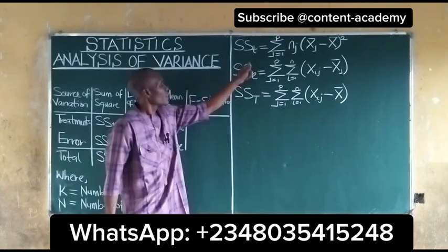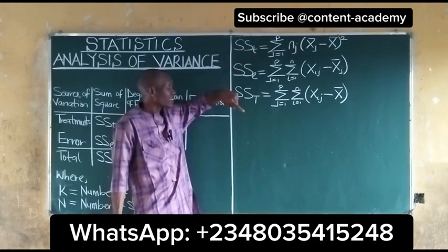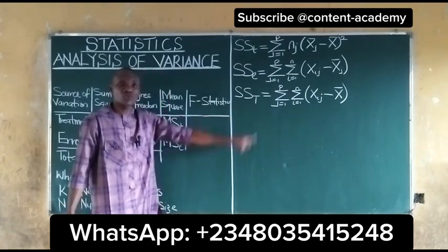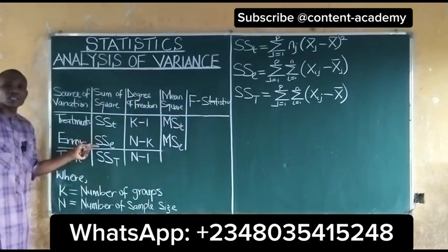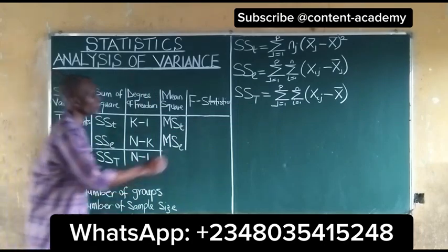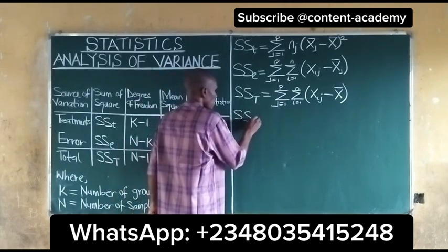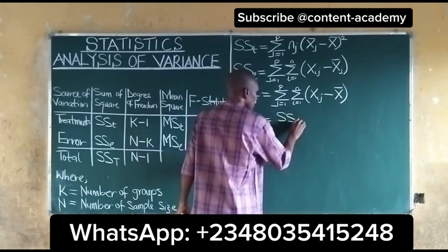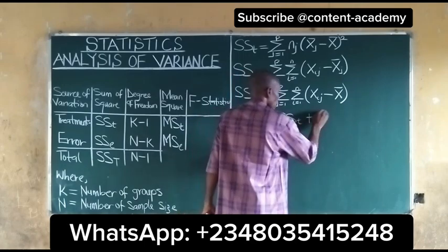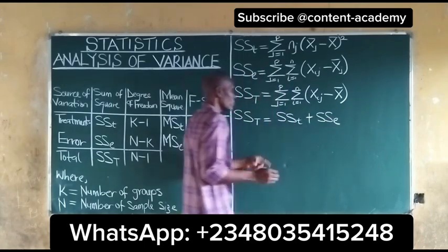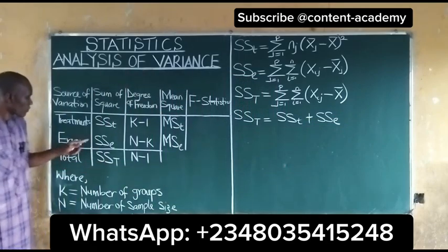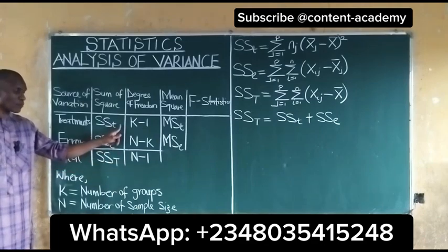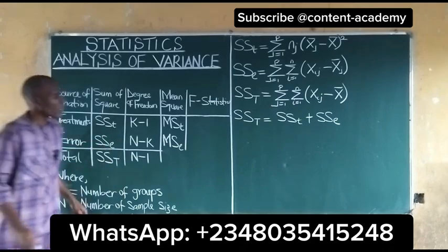Also, if you have the sum of square treatment and the sum of square error, you can easily get the sum of square total, because the sum of square total is equal to the sum of square treatment plus the sum of square error.